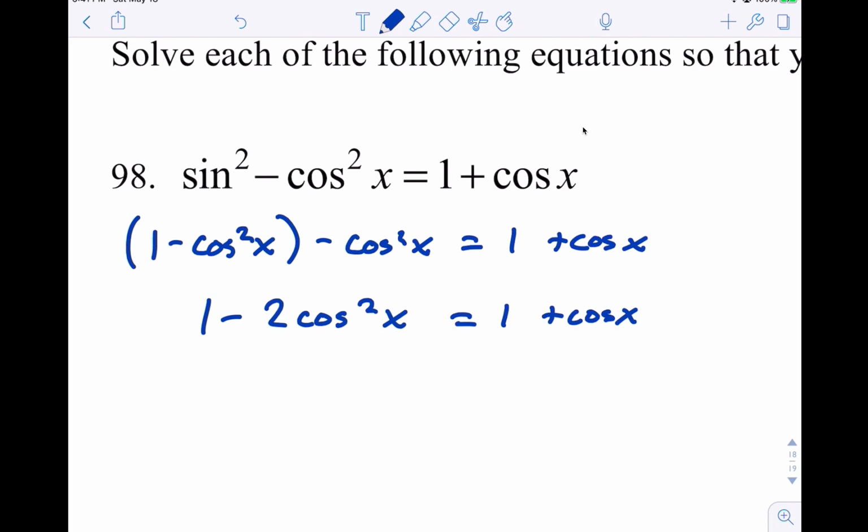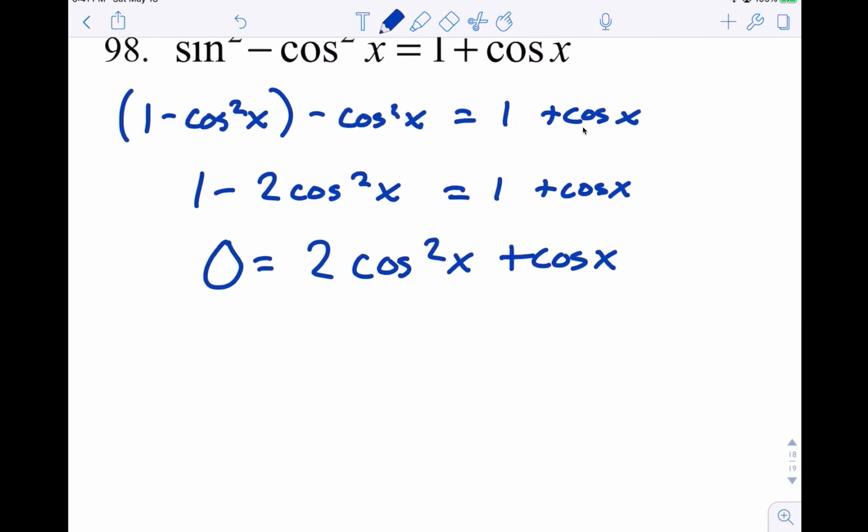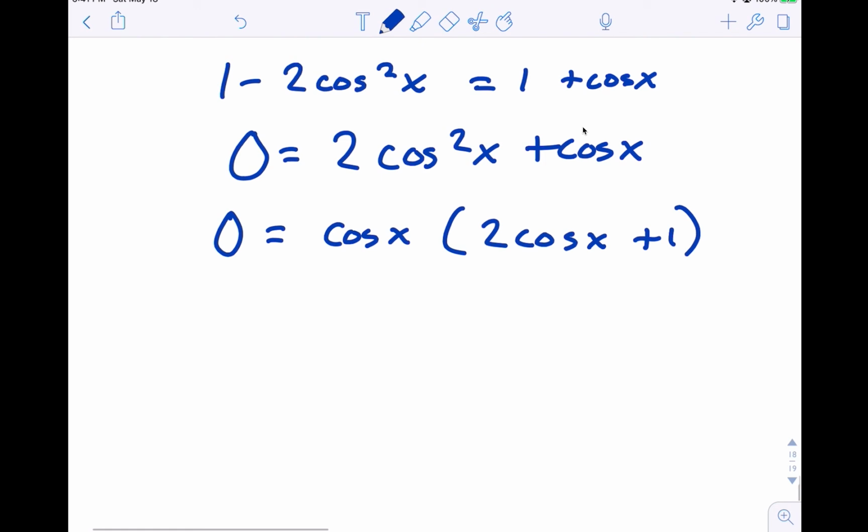Alright, everything is on one side. That makes it 2 cosine squared plus cosine. And then the ones would cancel out. So you take out a cosine. Leaves you with 2 cosine plus 1. So where does cosine equal 0, and 2 cosine plus 1 equals 0?